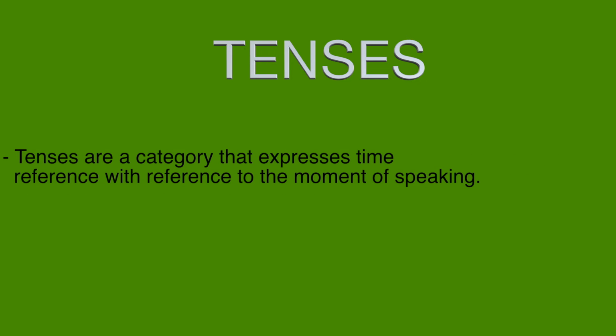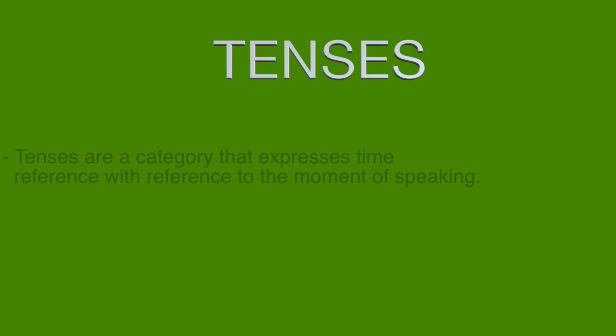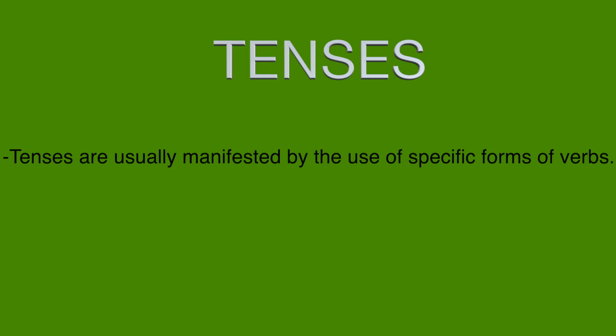One can say that tenses are a category that expresses time reference with reference to the moment of speaking. Tenses are usually manifested by the use of specific forms of verbs.